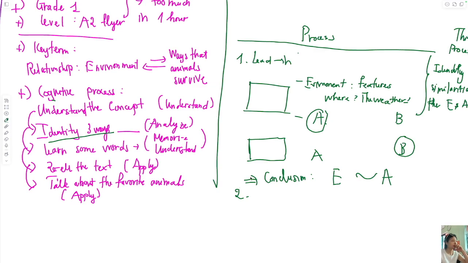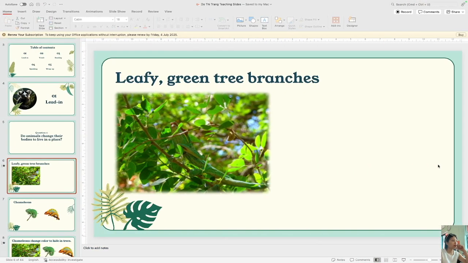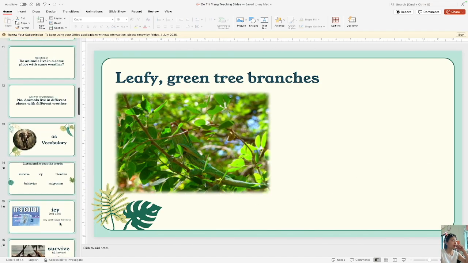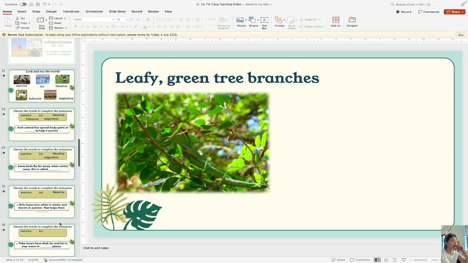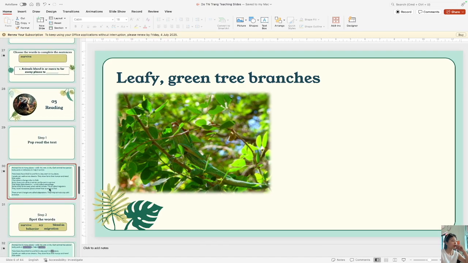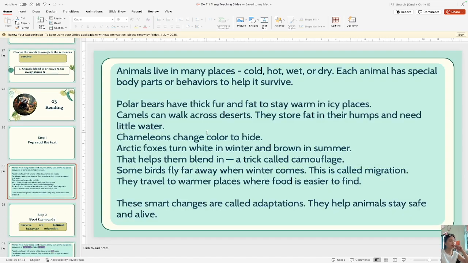Because they have to read a text, I think the correct order should be, we will pre-teach some words in the text. And here we have the text. They give us this text to read. I will paste it down. This is the text to read.